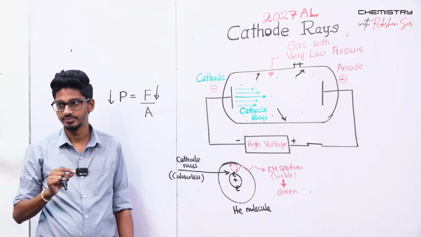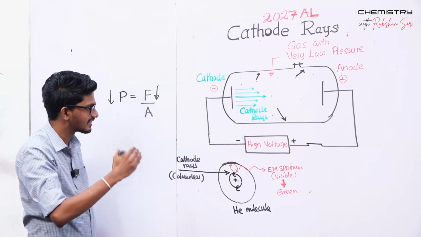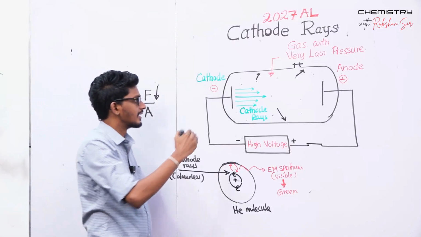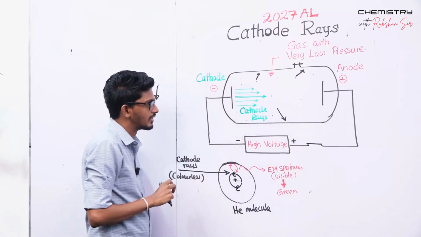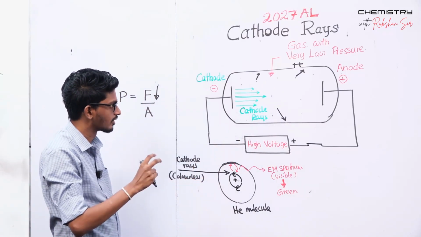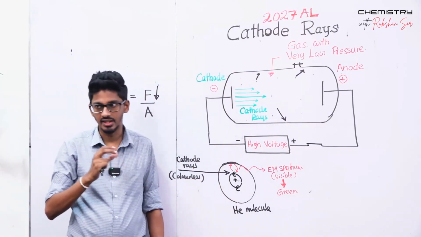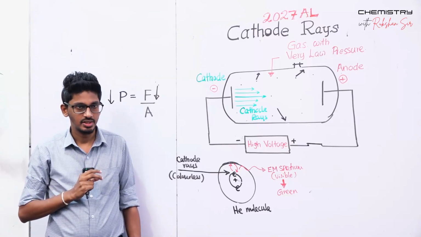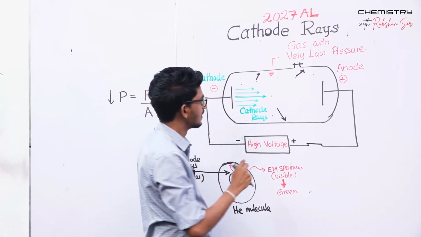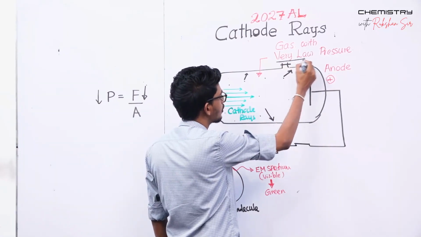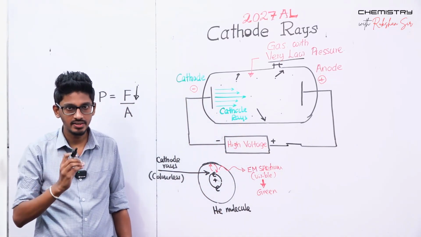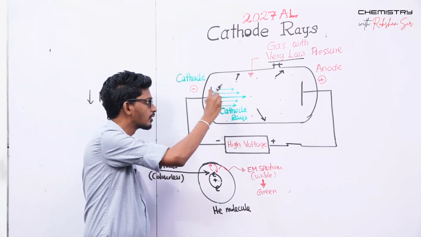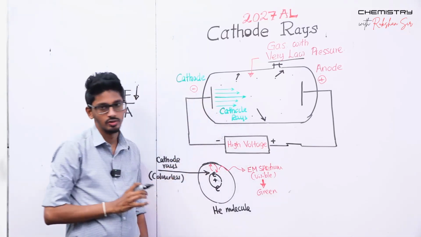If the pressure is high, you have a greater number of gas molecules inside your tube. So pressure is a measure of gas molecules inside your cathode ray tube. Maintaining very low pressure means we are maintaining a very low number of gas molecules inside your tube.